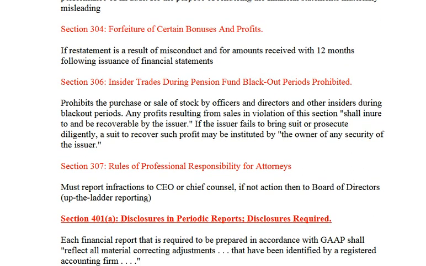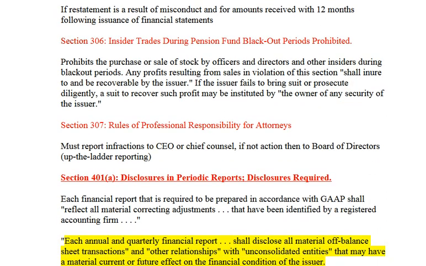Section 304, Forfeiture of certain bonuses and profits, if restatement is the result of misconduct, for amounts received within 12 months following issuance of financial statement.